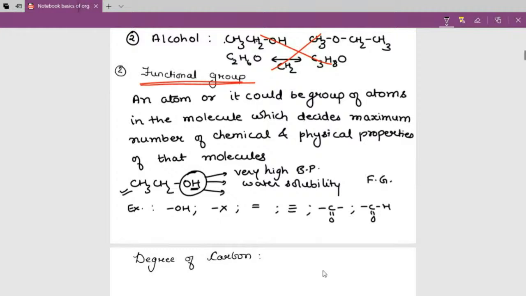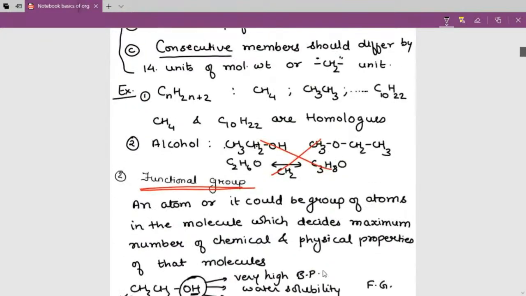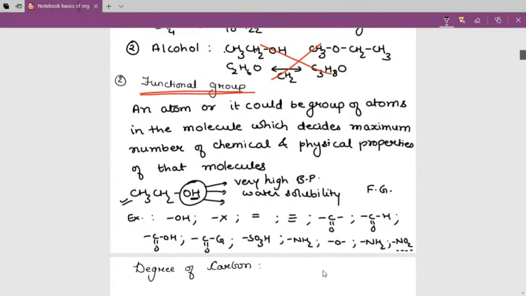Aldehyde and ketone, carboxylic acid and derivatives, sulfonic acid, amines, ether, NH2, NO2, and so on. There are so many different types of functional groups in nature because organic compounds are so many. I hope now the entire idea of homologous series and functional group is clear to you.